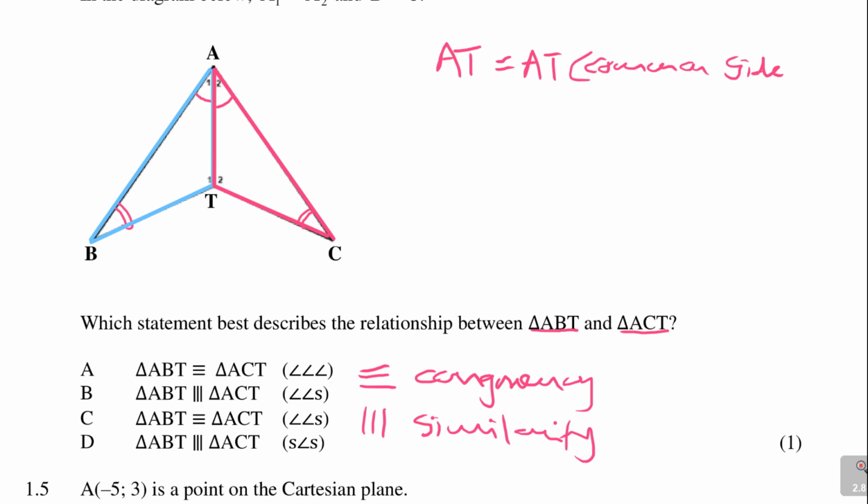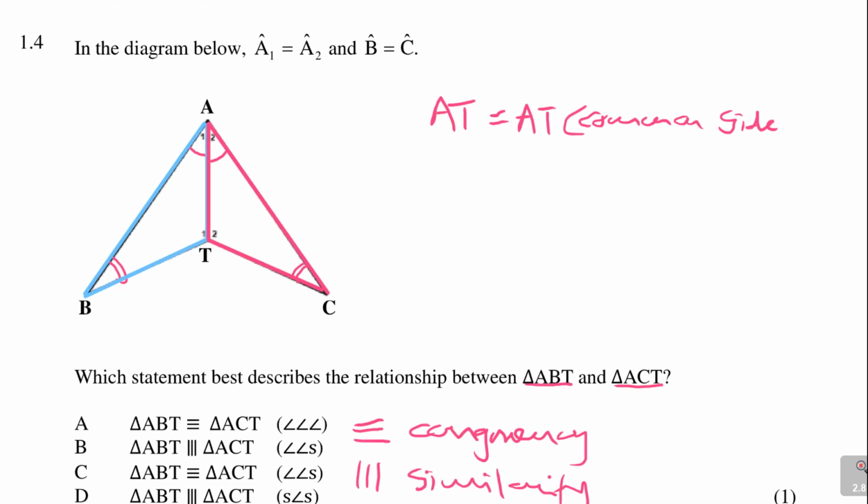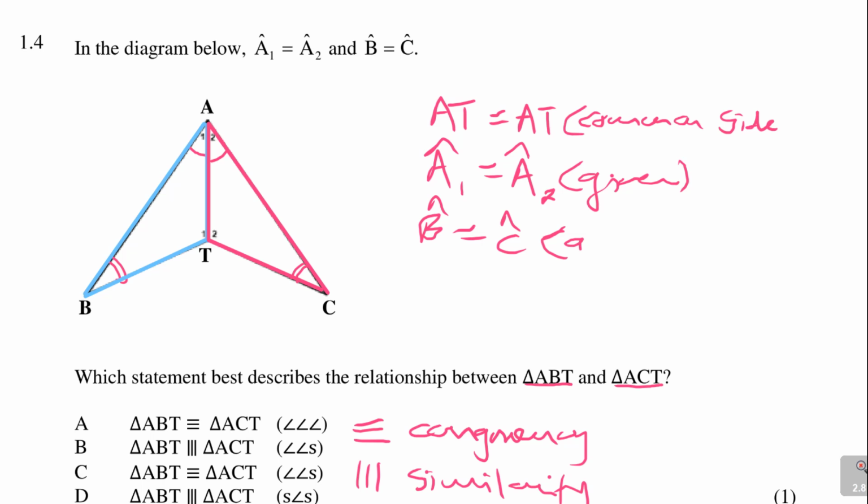And then they told us information here: angle A1 is equal to angle A2, which is given. And also angle B is equal to angle C. This is also given.